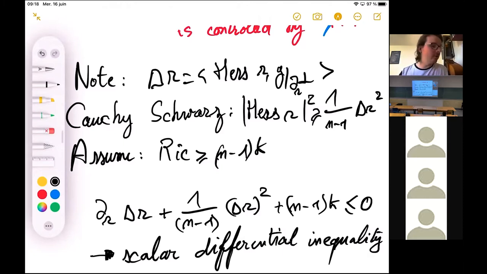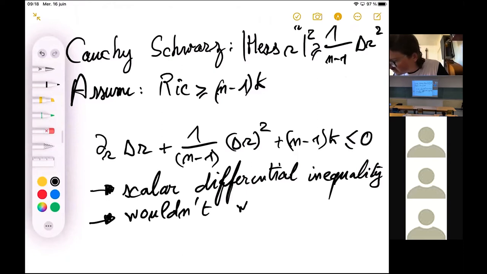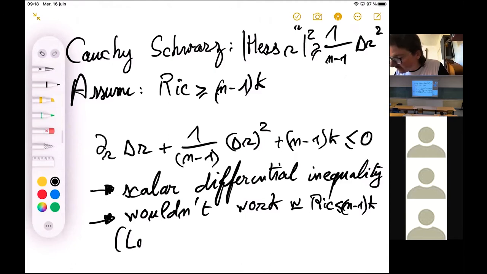This is exemplified by Lohkamp's results on manifolds with negative Ricci curvature, which wouldn't work with Ricci less than n minus 1 times k.